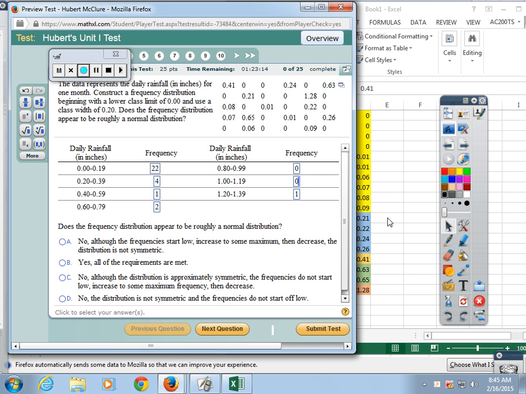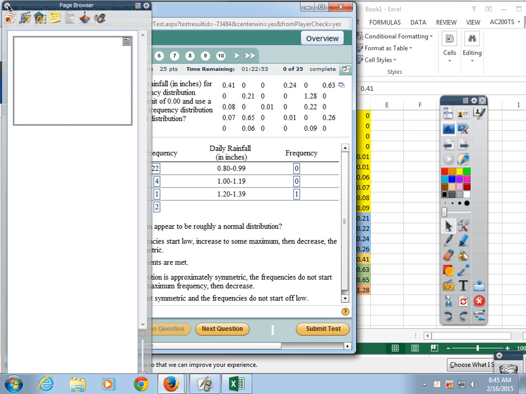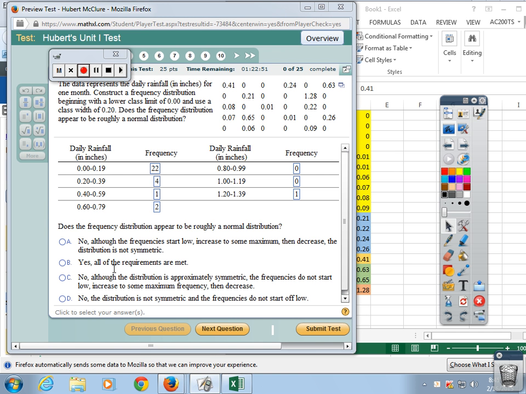So, do we have a normal distribution? No. Which one is it? Skewed right or skewed left? Skewed right, because all your data is on the left. Does the frequency distribution look normal?